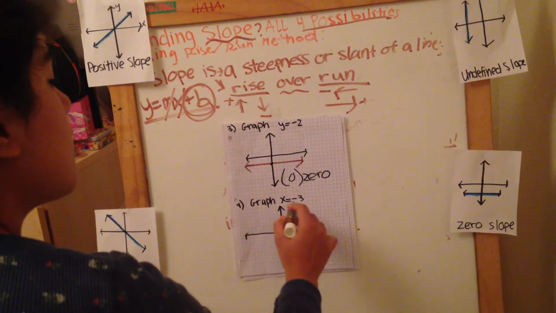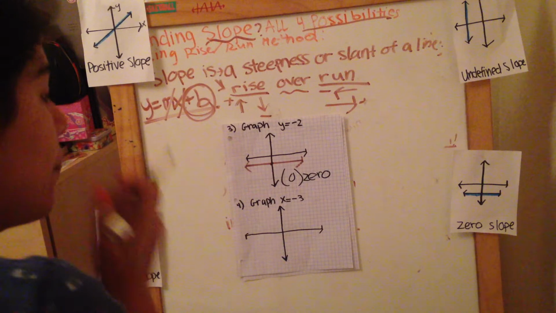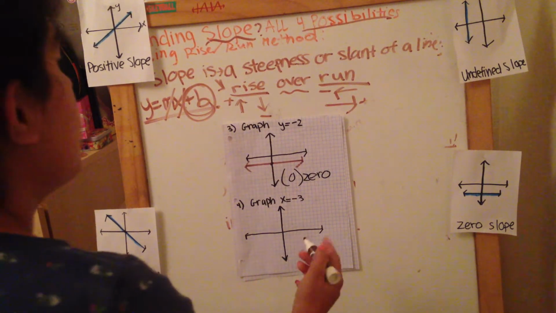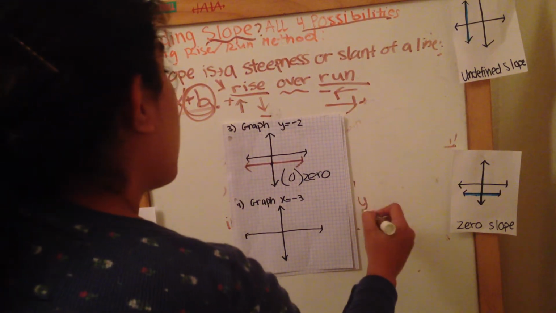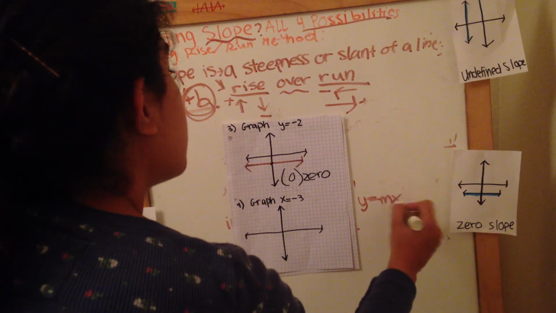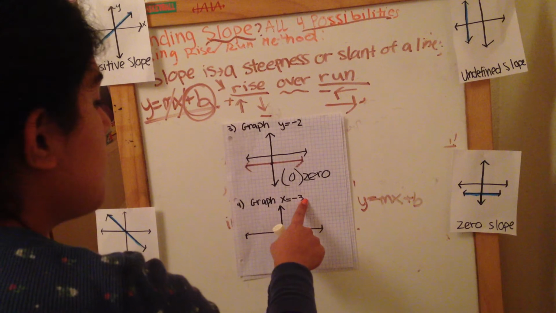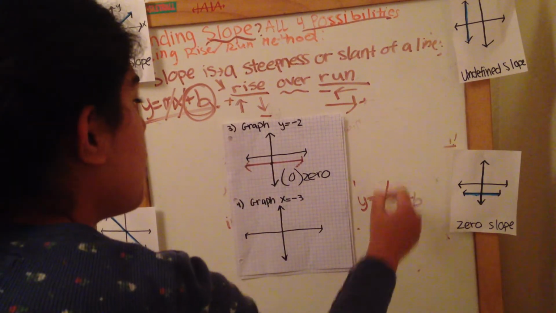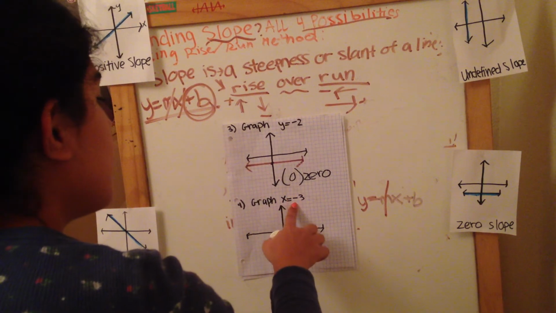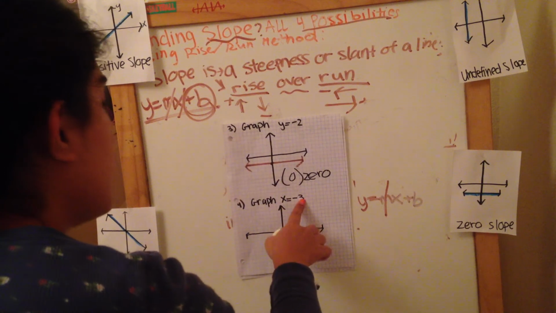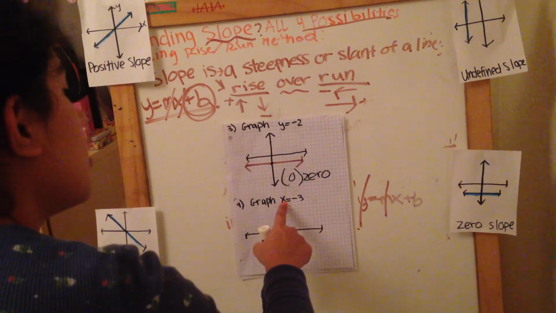Graph x equals negative 3. Remember, y equals mx plus b. X equals negative 3 gives you no slope. X equals negative 3 gives you no y.